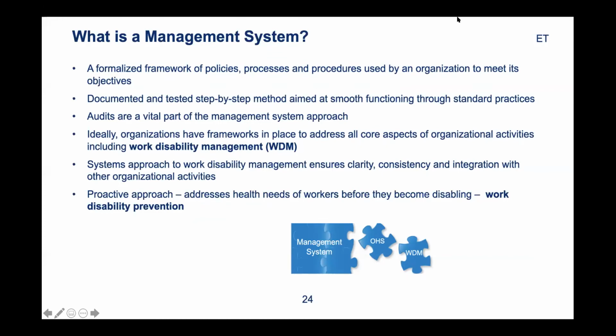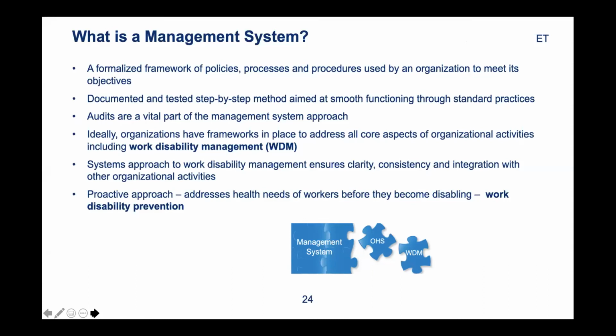It's based on documented and tested step-by-step methods that really are aimed at smooth functioning through standard practices. And audits are a really critical part of the process as well, because we want to ensure continual improvement. So ideally, organizations have frameworks in all of these areas of their core activities, including work disability management.